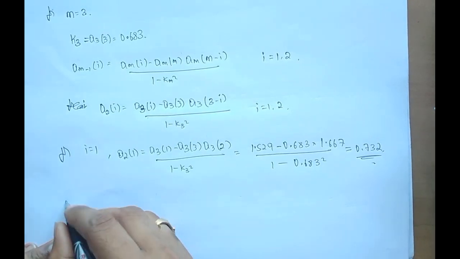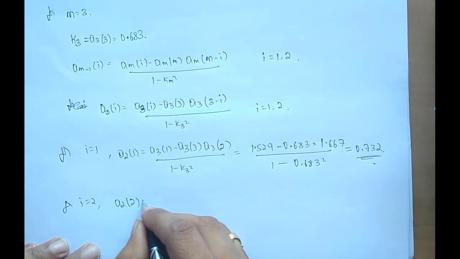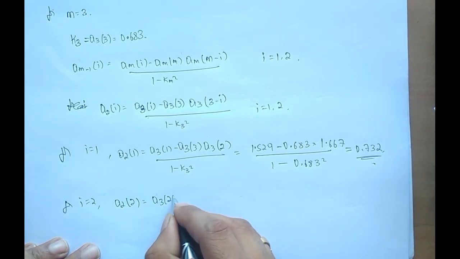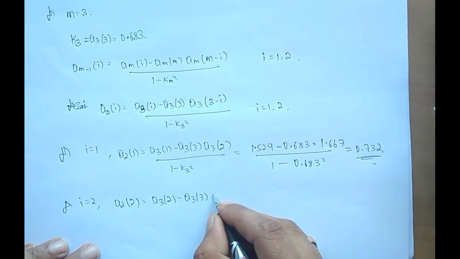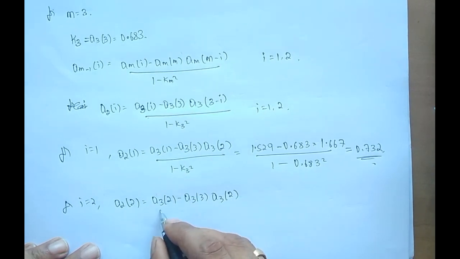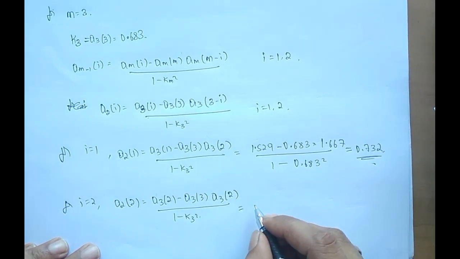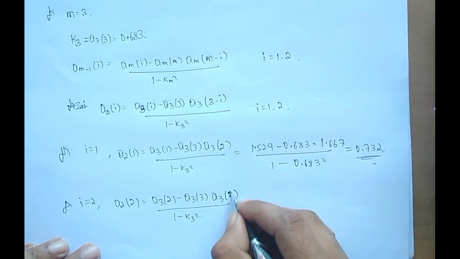Okay. Now for i equal to 2, we have a2 of 2 is equal to a3 of 2 minus a3 of 3 into a3 of 2, whole divided by 1 minus k3 square. So this is a3 of 1, right?